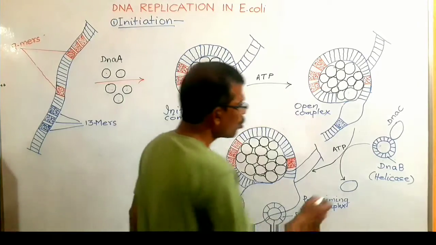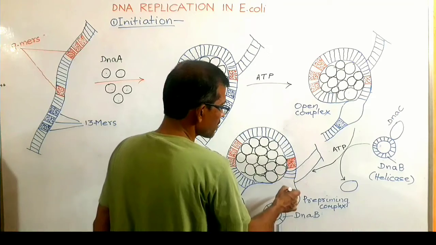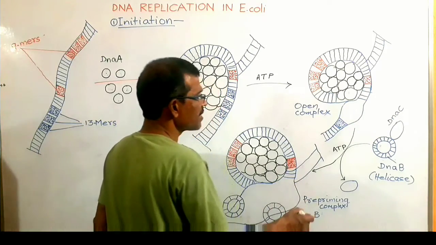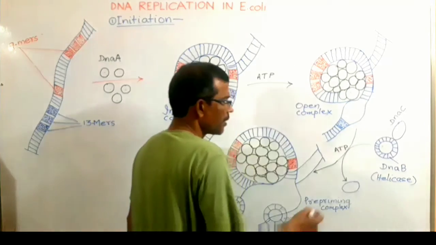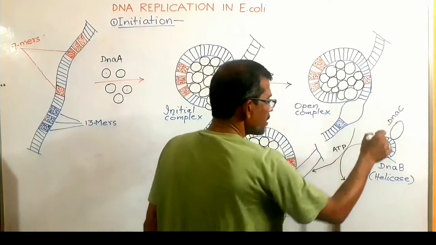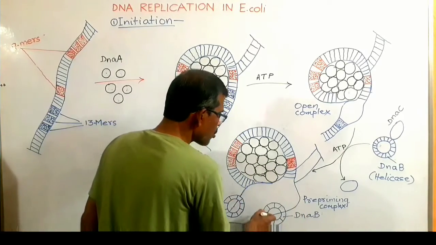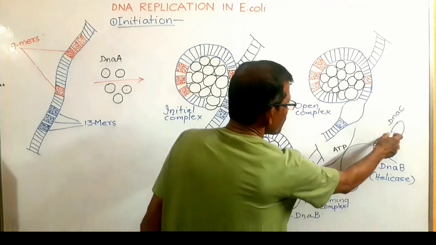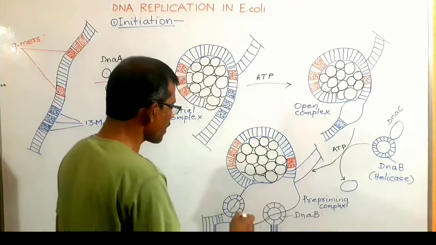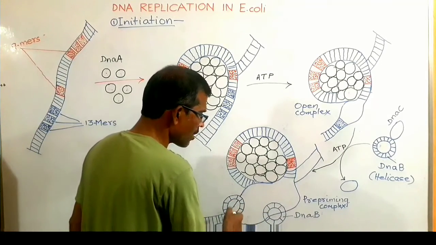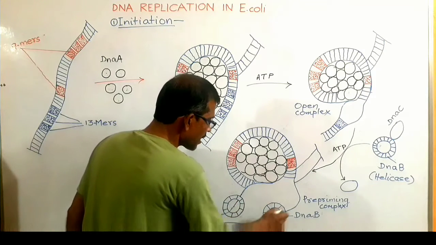After this, two DnaB proteins bind with the 13-mer repeats. This binding is facilitated by another protein known as DnaC. The interaction between DnaC and DnaB causes the opening of the ring of DnaB protein, by which DnaB protein binds with the 13-mer repeats.